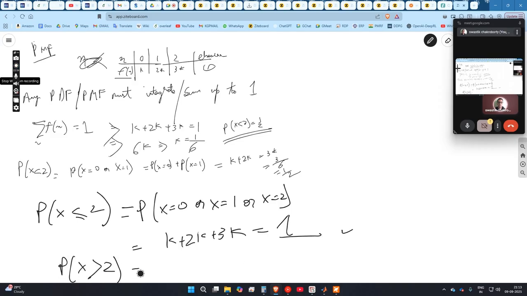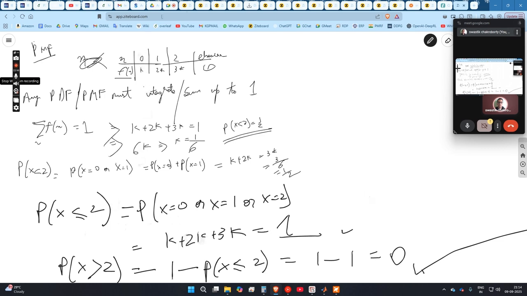P(X greater than 2) is the complement of P(X less than or equal to 2). It is not the complement of P(X less than 2). It is the complement of P(X less than or equal to 2). So it is 1 minus 1 equal to 0. So X can never be greater than 2, as is demonstrated here also. After 2, the probability is 0.